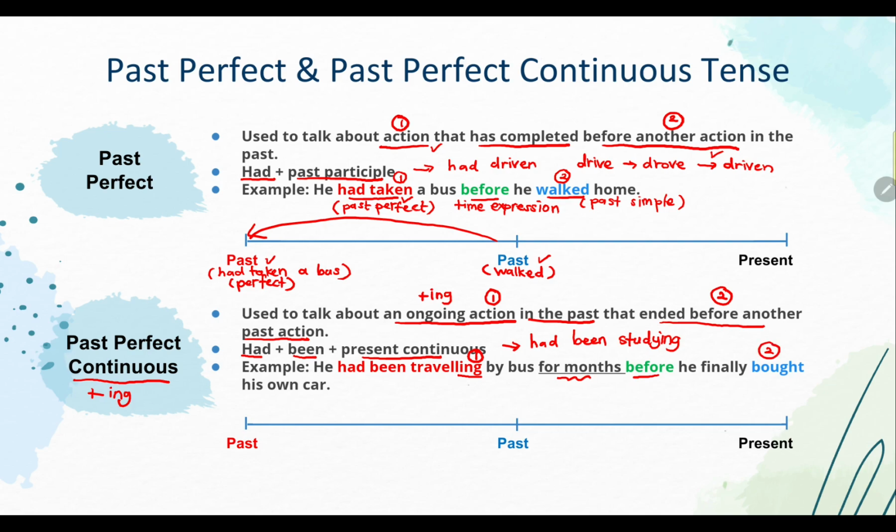He bought his own car. So in past tense, the word buy, or the word bought, is written in past tense. And the traveling action has to be in past perfect continuous.